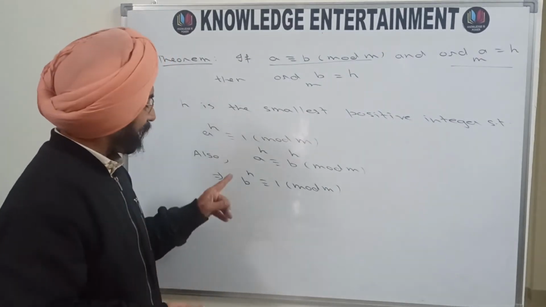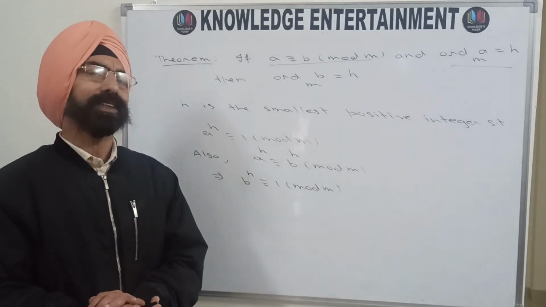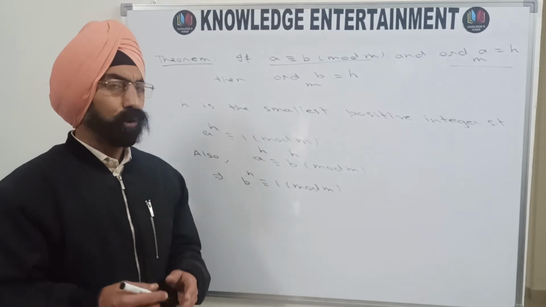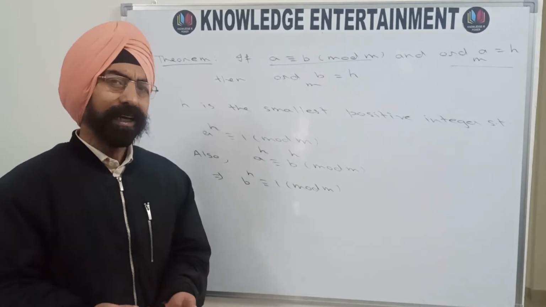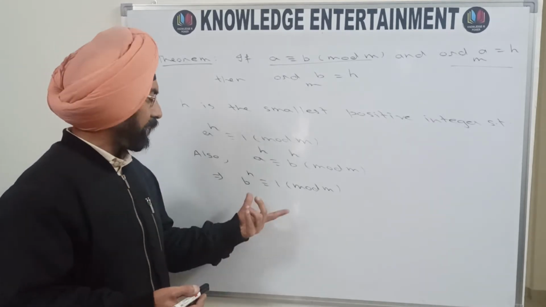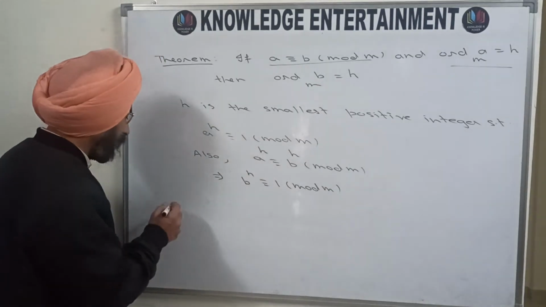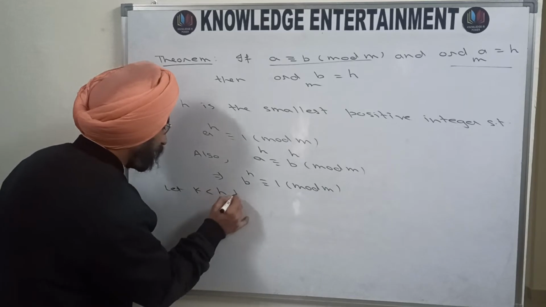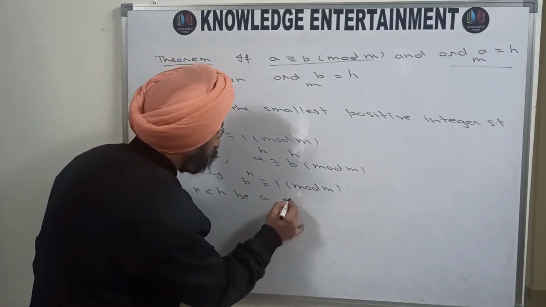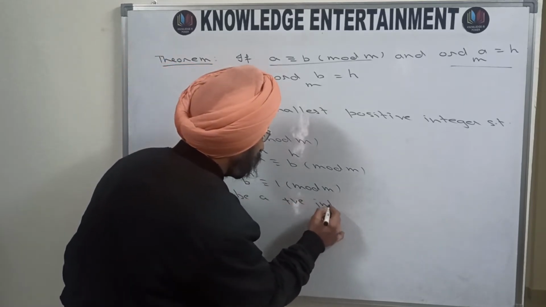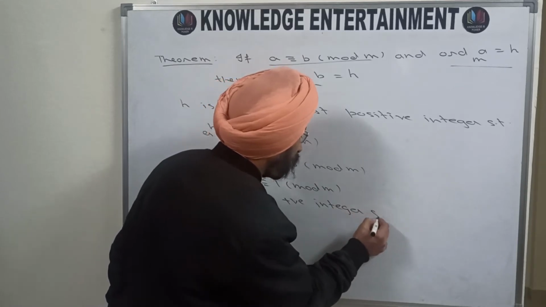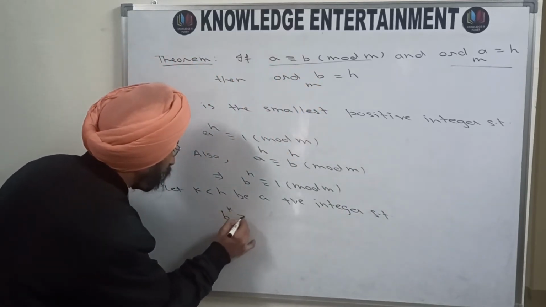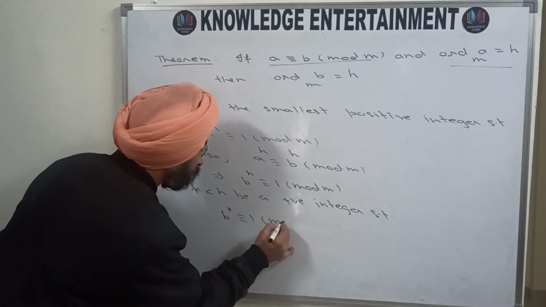Now we have to show that h is the smallest such positive integer. On the contrary, suppose there is k less than h which satisfies the same condition. Let k less than h be a positive integer such that b raised to the power k is congruent to 1 modulo m.